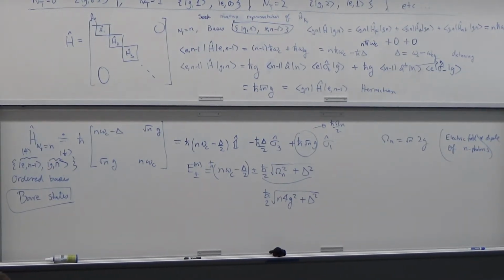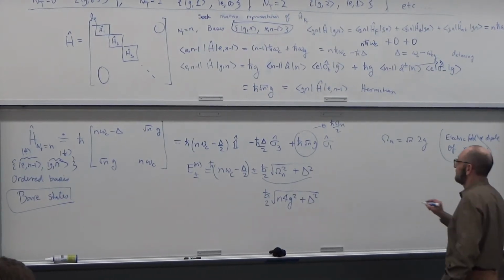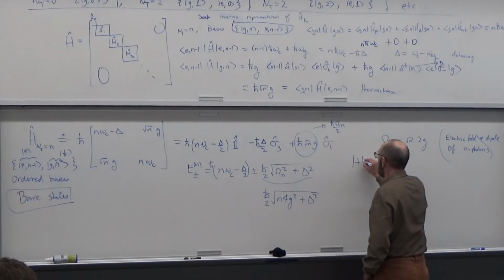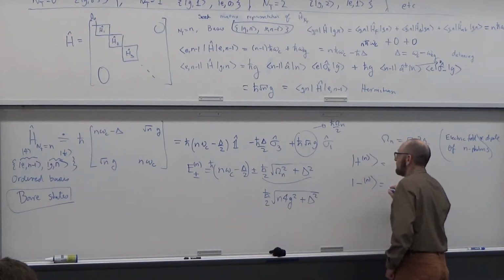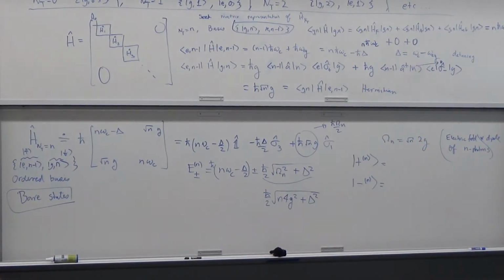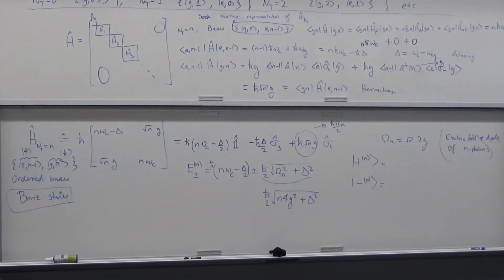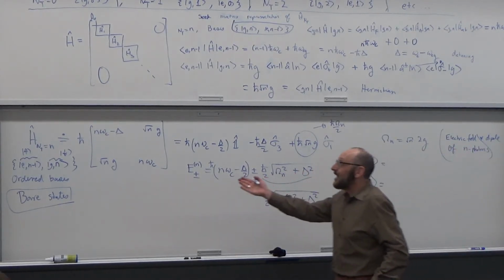Right? What are the eigenvectors? There's one associated with the positive eigenvalue, and there's one associated with the negative eigenvalue. The cosine times spin up. Exactly, plus.